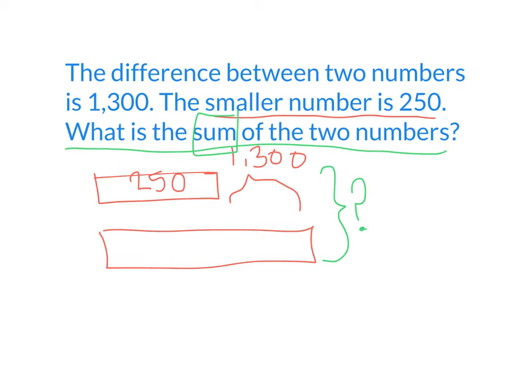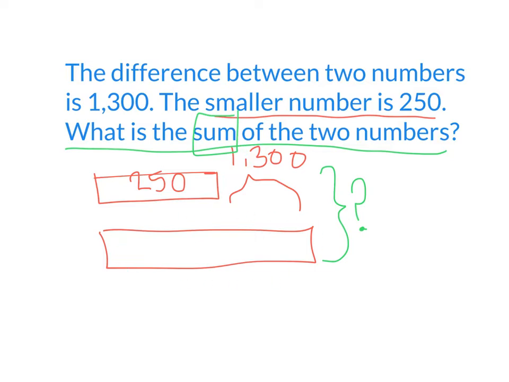So can we add the two numbers yet? No. Why not? Because I don't know what the big number is. I don't know what the whole is. Good. So do you see a way to find it? We could add the two numbers that we know. You're right. We could add the 250 and the 1,300 because together this part plus the difference make the larger bar.